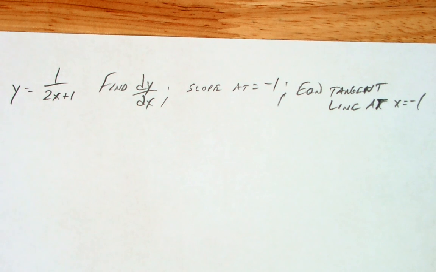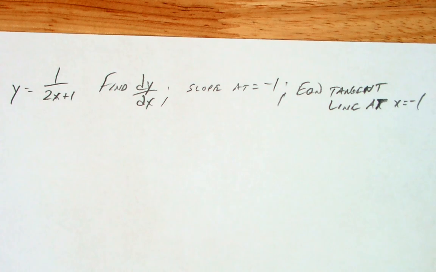Yes? This is kind of off topic a little bit, but does it matter to you if our notation is dy/dx or y prime? Doesn't matter to me. That's a great question. You can use f prime, y prime, or dy/dx, and I would like you guys to get comfortable with all of them.